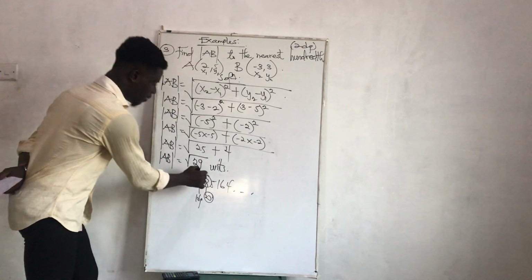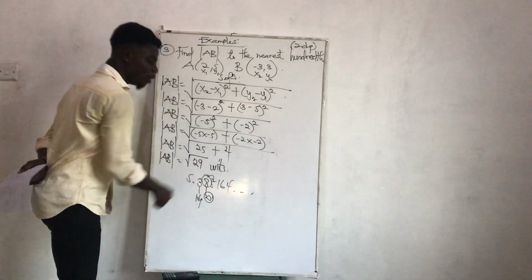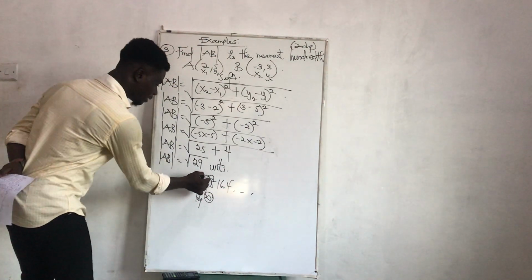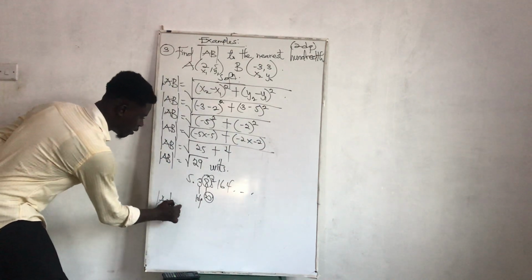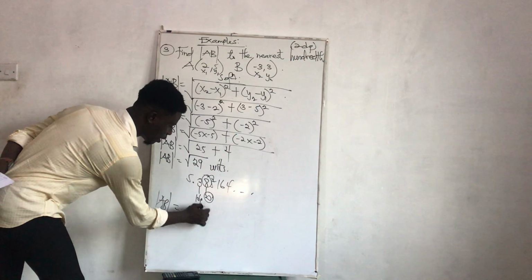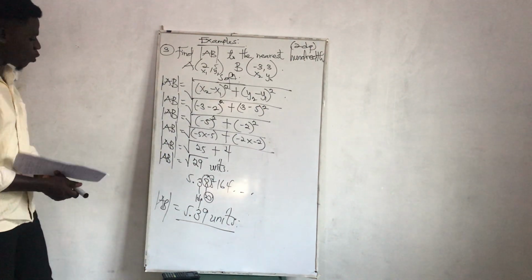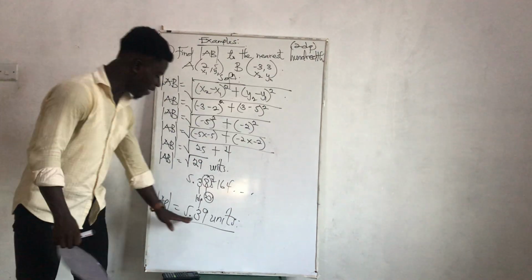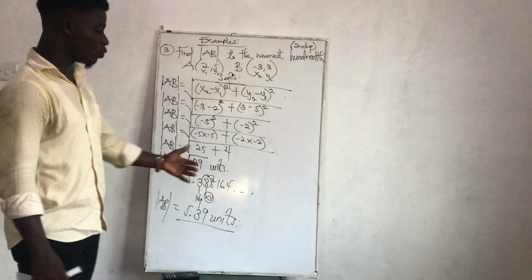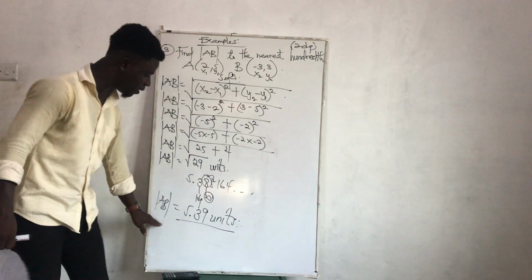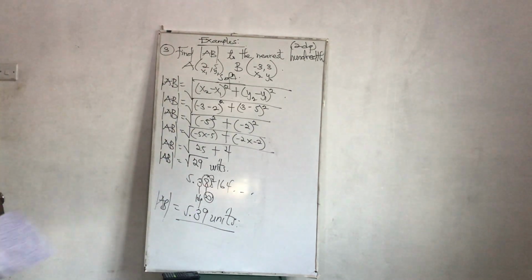So you check the next number. The next number is 5 or more, so we add 1 to this 8, making it 9. So our answer will be that the length of AB must be equal to 5.39 units. So therefore, the length of AB equals 5.39 units to the nearest hundredth. So that's our third example.